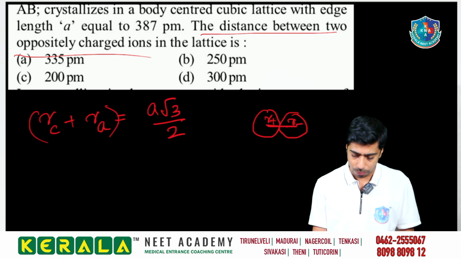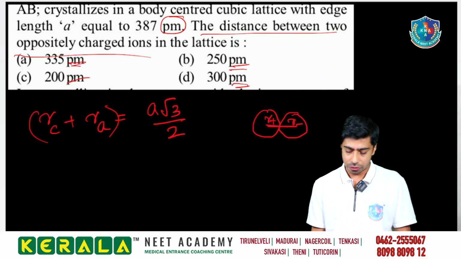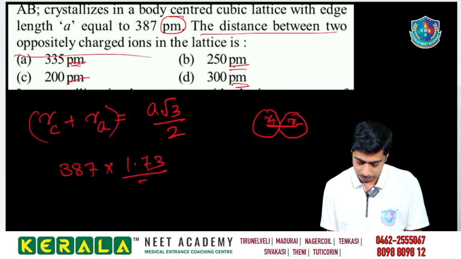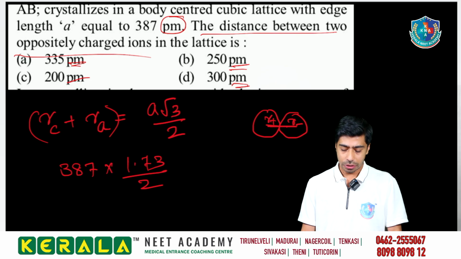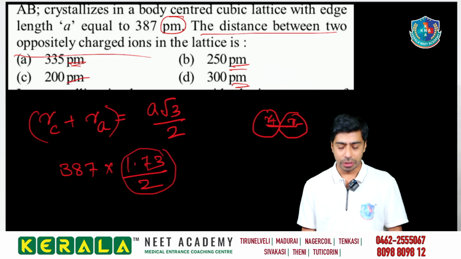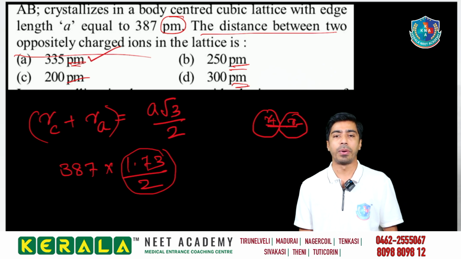So A root 3 by 2, where the edge length is given as 387 picometer, and all the answers are also given in picometer itself. So that will be 387 into root 3, 1.73, divided by 2. On solving, you'll get the answer as 335 picometer.